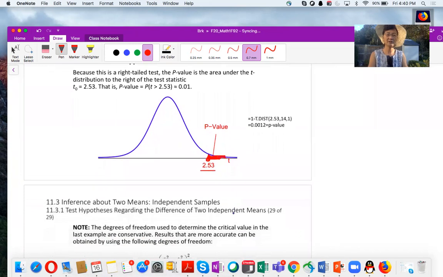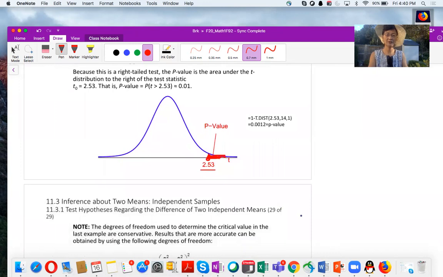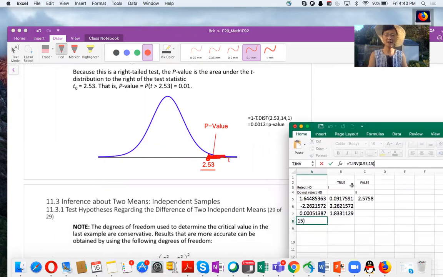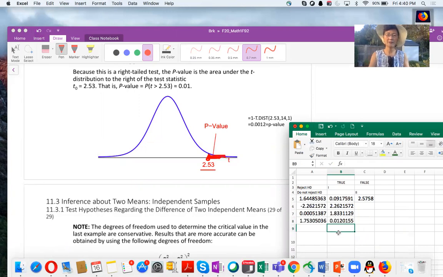We can use Excel to do it. Remember Excel is based on area to the left. So the right tail area is equal to 1 minus this big area here. And this big area is T.DIST, T distribution, x 2.53, degrees of freedom 14, cumulative yes, 1 is yes, and you get 0.012.